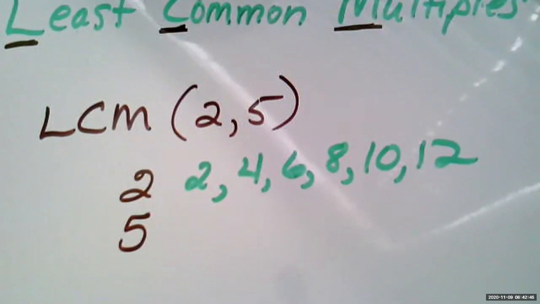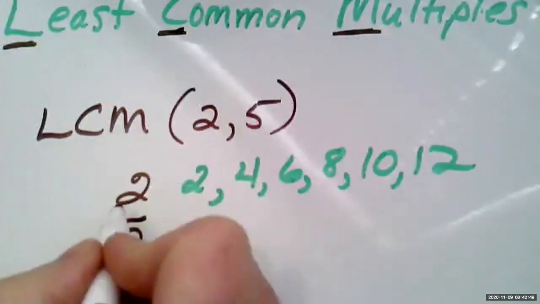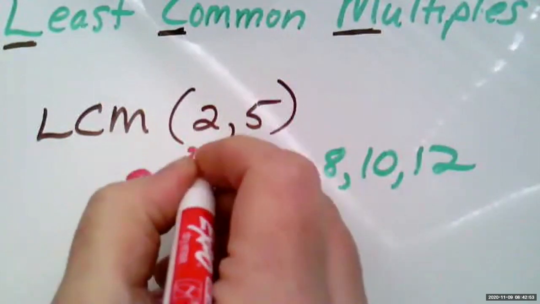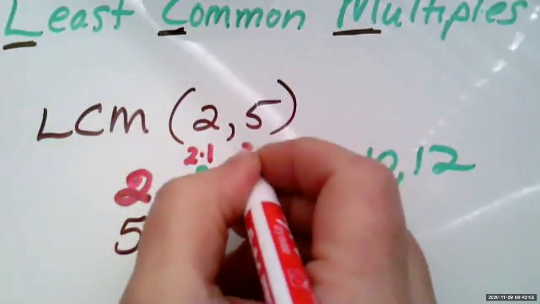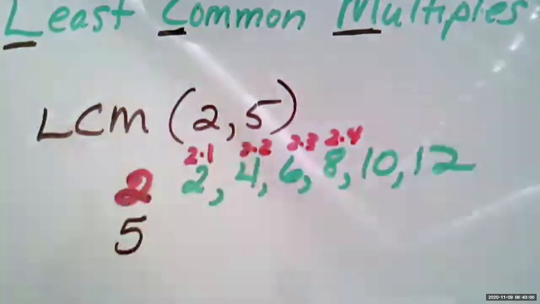And multiples, of course, means you're multiplying something. You always start with the number that you're given, the number 2, because 2 times 1 is 2, 2 times 2, 2 times 3. These are your multiples of 2. Same way when I said count by multiples of 5.